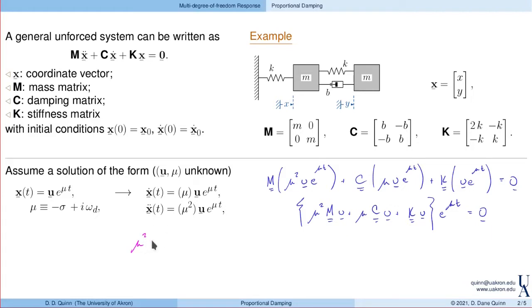So here we can write this as mu squared m u plus mu times c u plus k times u equals 0. And this is not a standard eigenvalue problem.